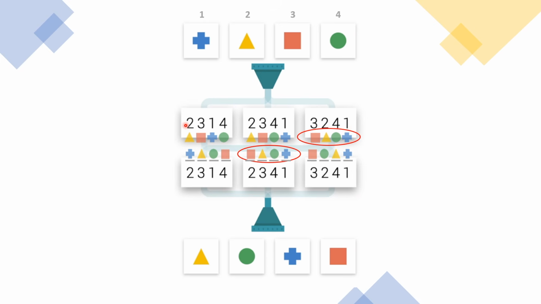So in the best case scenario, this one and this one will give us the right answer, in which case we would have only done 2 solutions or 2 operations. And in the worst case scenario, this one and this one would give us the correct answer, in which case we would have done all 6 of these operations. But still, this is significantly quicker than doing it the first way I showed you.